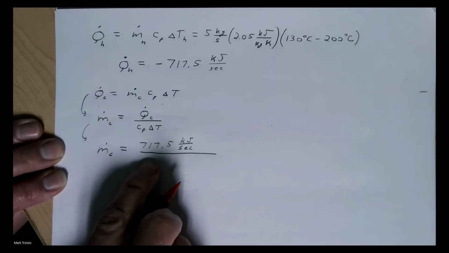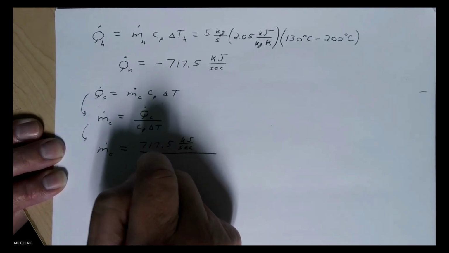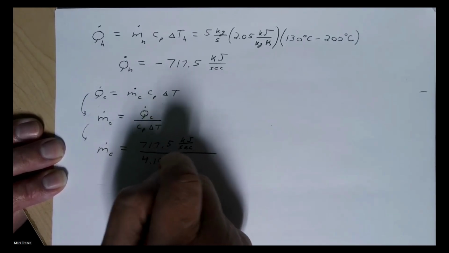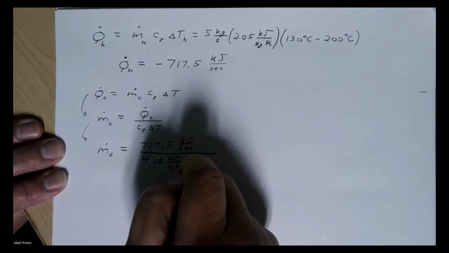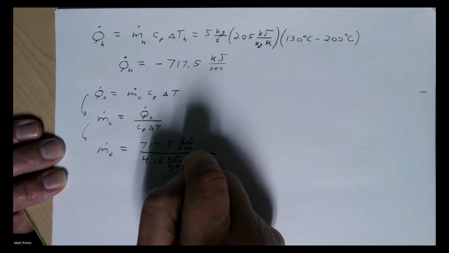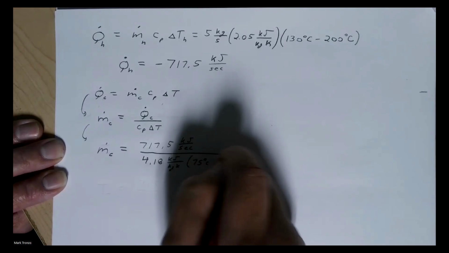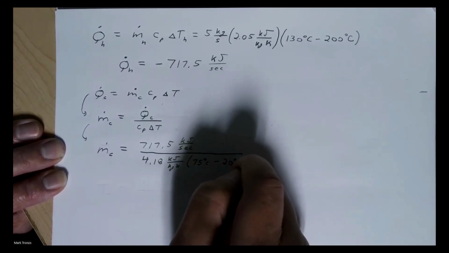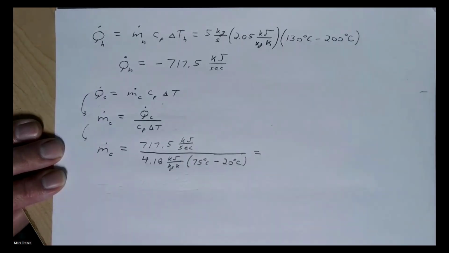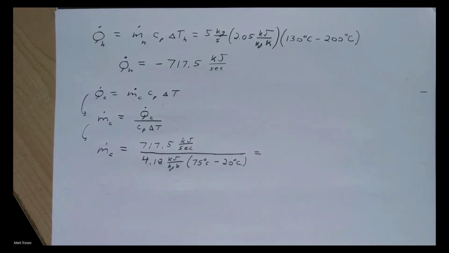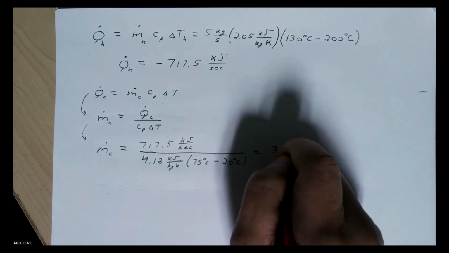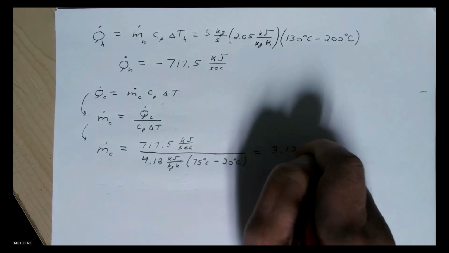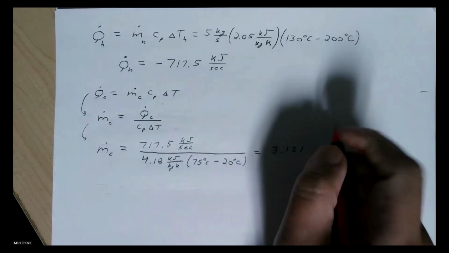And we know the Cp value for the cold fluid is 4.18 kilojoules per kilogram K. And we need delta T for the cold fluid, and that was 75 degrees C minus 20 degrees C. When I put that in my calculator, I got a mass flow rate of 3.121 kilograms per second.